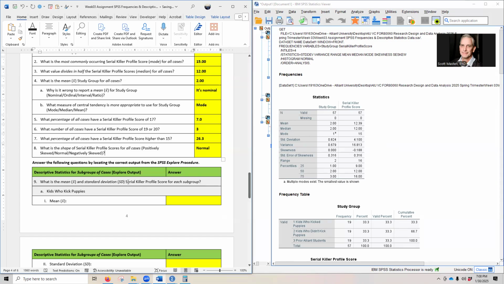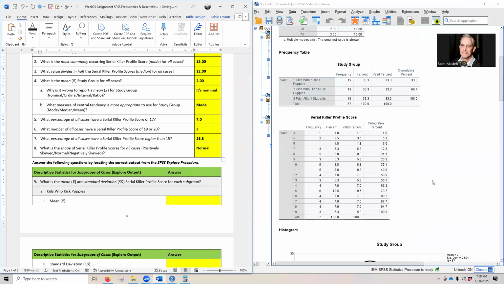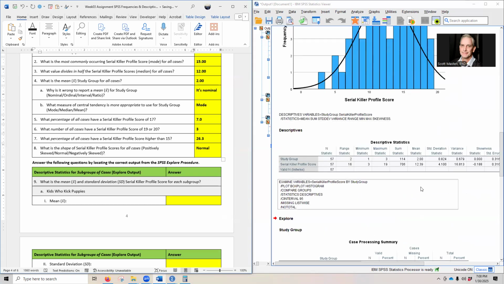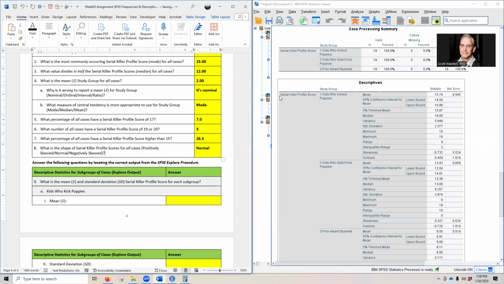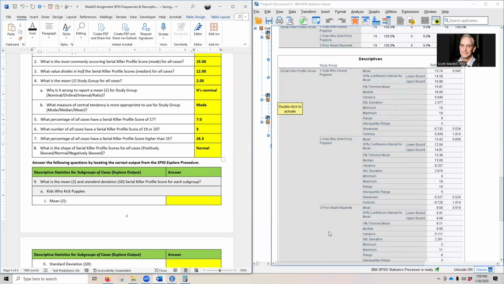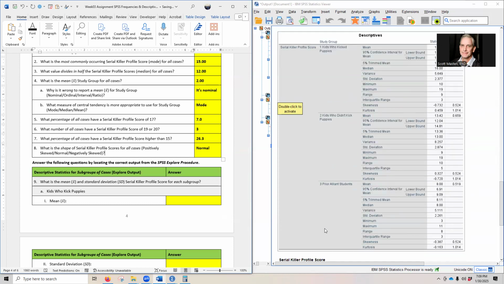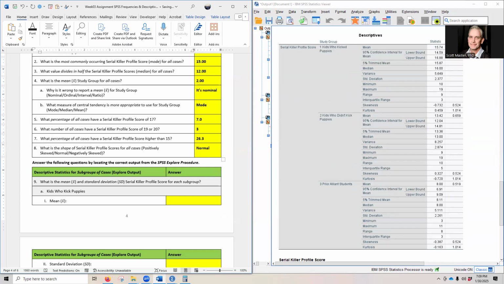Now answer the following by locating the correct output from the explore procedure. Explore gives you a bunch of stats separately for each group on the variable we put in the factor box.